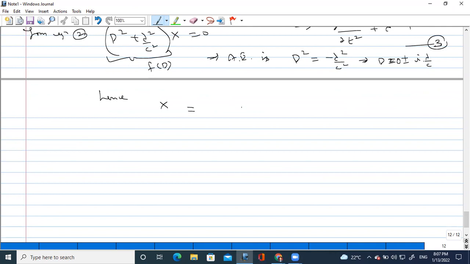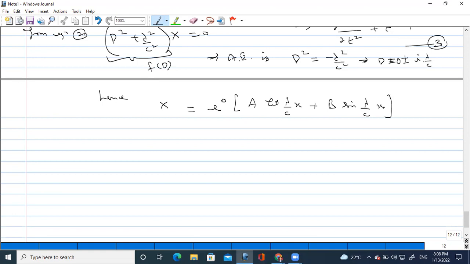X will be e to the power 0, a, this is a constant, cos beta x, where beta is lambda by c, plus b sine lambda by c x.